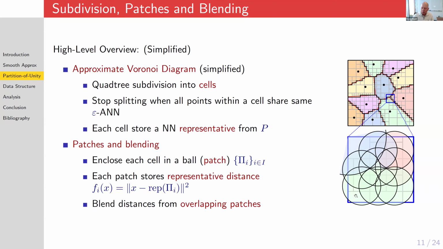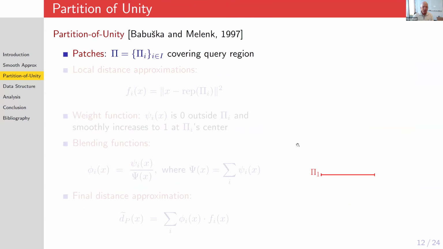Now, I have to make sure that when I cross these boundaries between cells, there's not going to be any dramatic transition there. And the way this is achieved is through this method called partition-of-unity. I'm going to just zip over this because why this works is all calculus. And like I said at the beginning of the talk, this is the stuff that I really don't like, but the idea intuitively is relatively easy to understand.